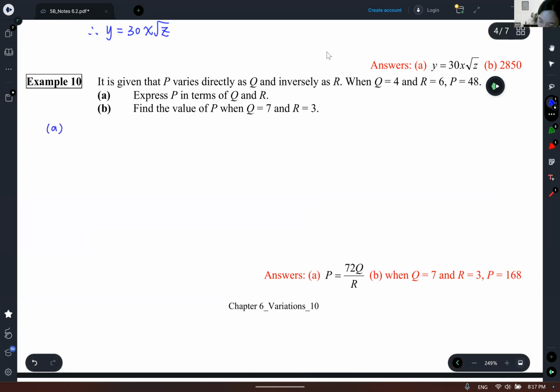So A, because P varies directly as Q and inversely as R, therefore P equal K times Q over R. I can substitute Q equal 4, R equals 6, and P equal 48, and K can be found.